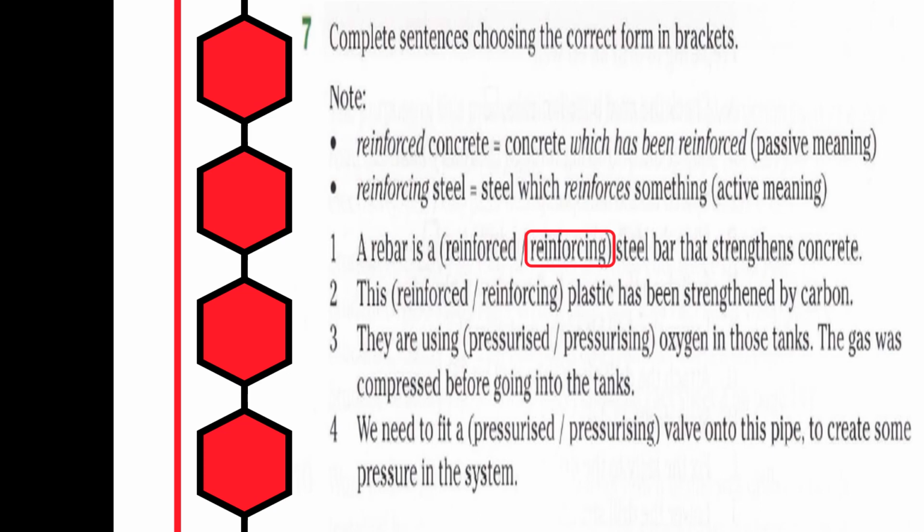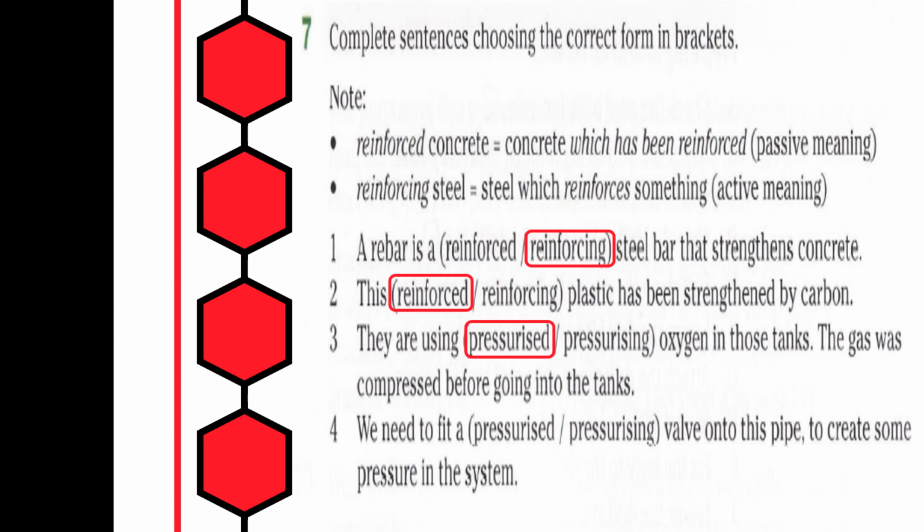Number 2, this reinforced plastic has been strengthened by carbon, so here it has a passive meaning because the carbon strengthened it. Number 3, they are using pressurized oxygen in those tanks.